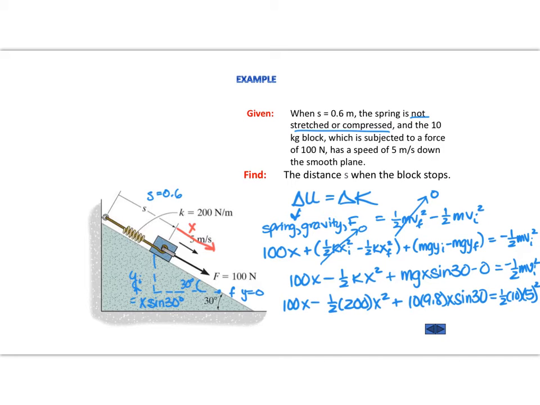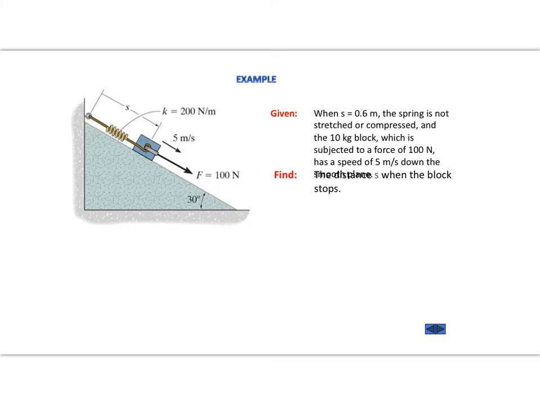I'm going to go to the next slide to simplify this. I have minus 100x squared plus 100x plus 49x equals minus 125.